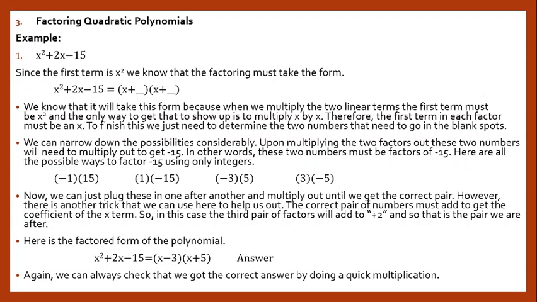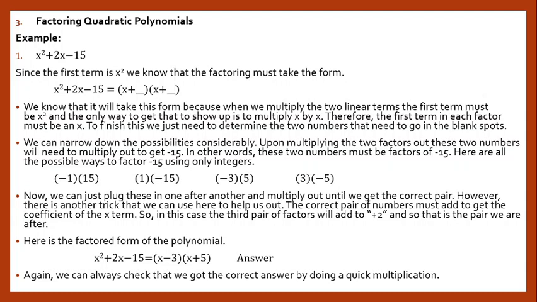Tapos, itatry ninyo, 4 yan. Tingnan nyo yung middle term. So, ang ginagawa sa middle term, kapag yung FOIL method, i-multiply at i-add natin yung mga numbers na minultiply natin for the last term. So, dapat daw ang middle ay positive 2. So, sa 4 na ito, tignan ninyo na kapag in-add ninyo, ay ang outcome is positive 2. So, obviously, hindi pwede yung negative 1, 15, 1, negative 15.